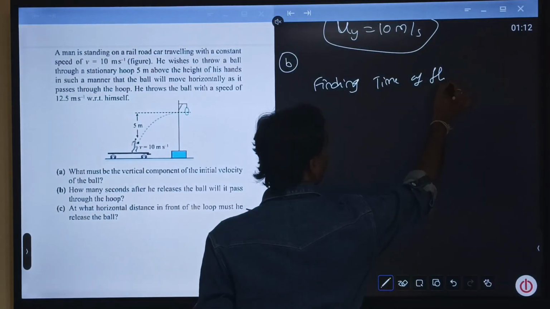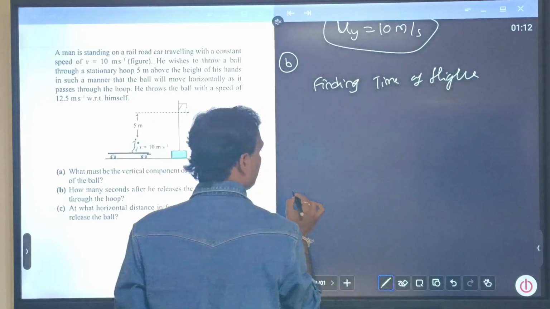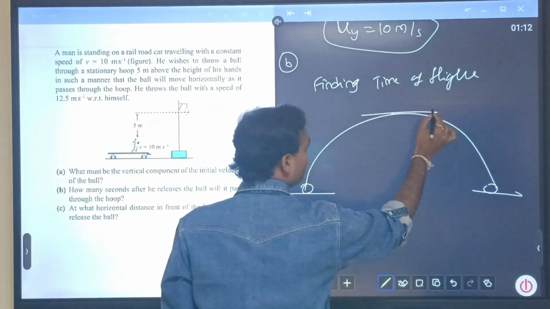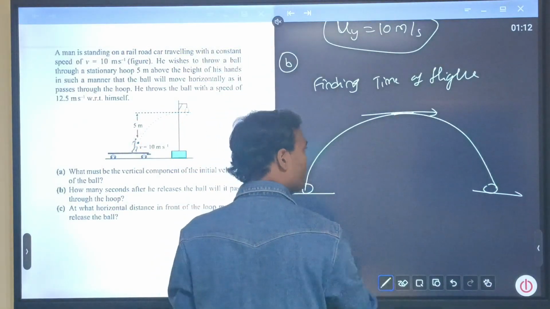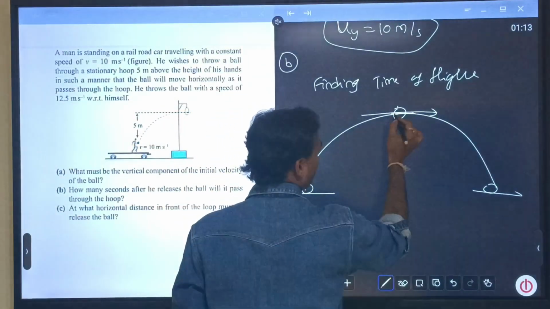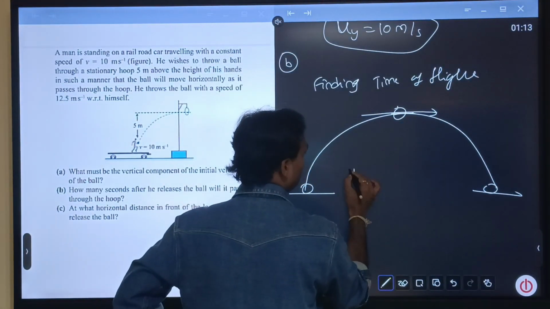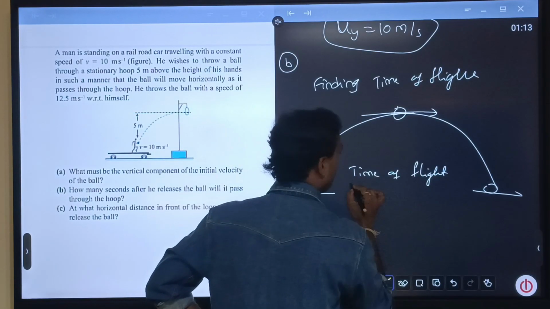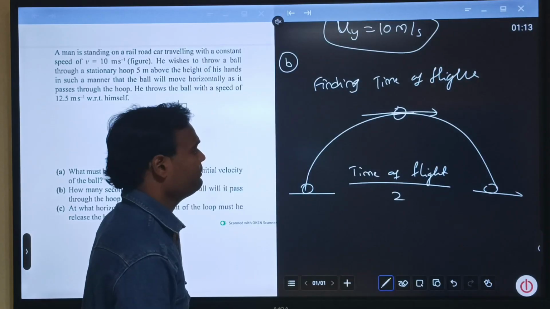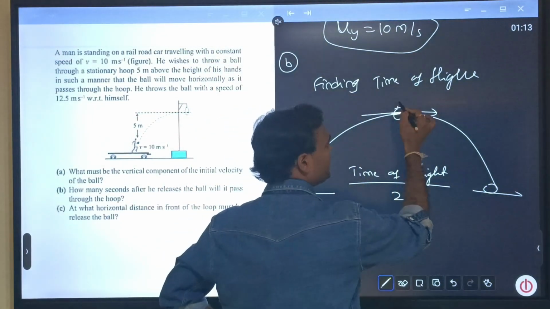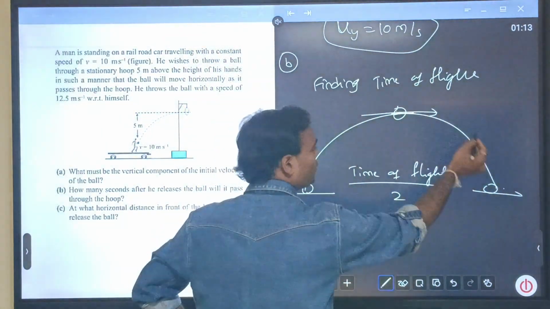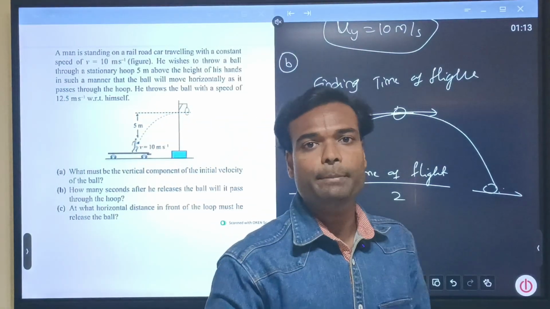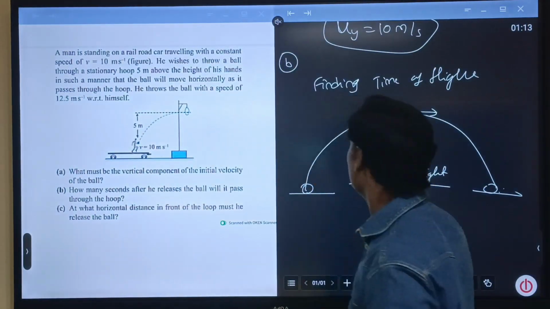The object starts its journey and reaches horizontal velocity at the maximum height, in the duration of time of flight by 2, because the time taken from here to here is equals to here to here. So if I find the total time of flight divided by 2, that will give us the time taken by the object to reach from here to here.